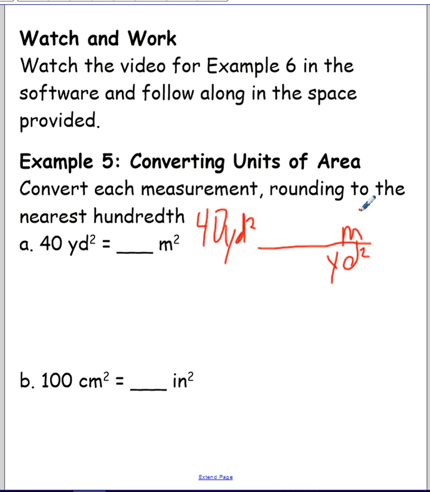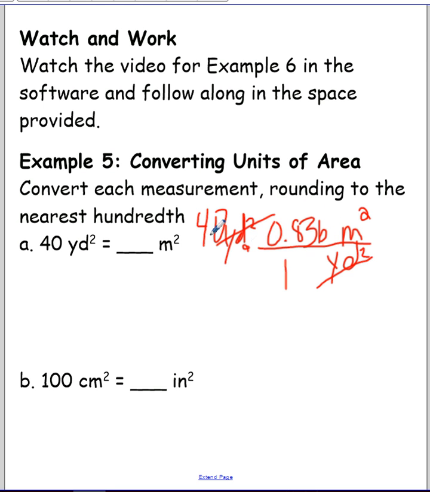Notice on our chart, it is square yards to square meters, so we don't have to worry about using a unit fraction twice. We're getting rid of the labels. And the equivalent is 1 yard. If we go to the US to metric, it's the same as 0.836.